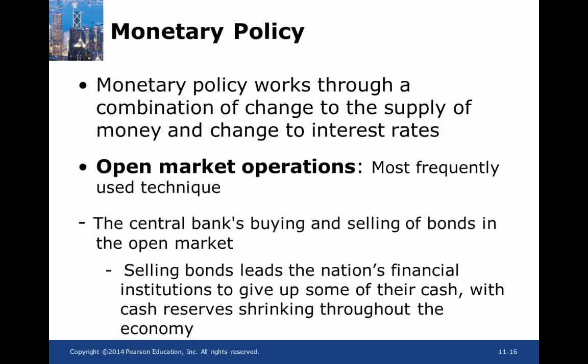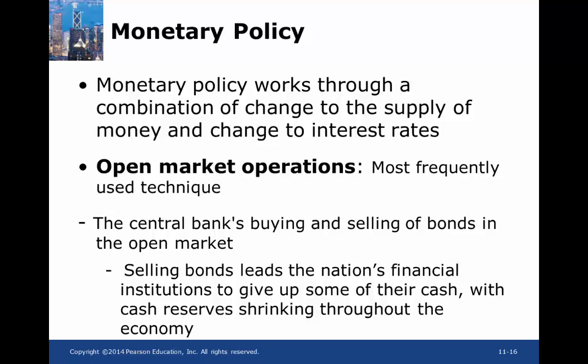Monetary policy. Monetary policy works through a combination of changes to the supply of money and changes to interest rates. Open market operations are the most frequently used technique by the central bank: the buying and selling of bonds in the open market.